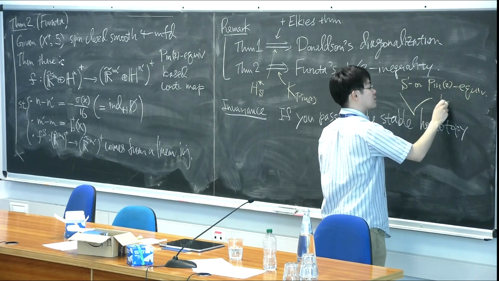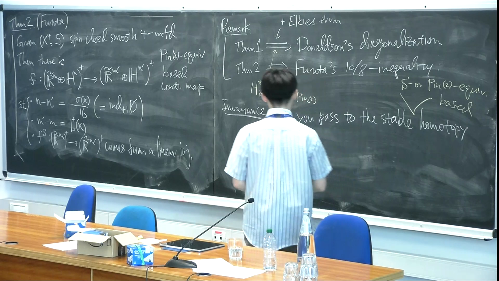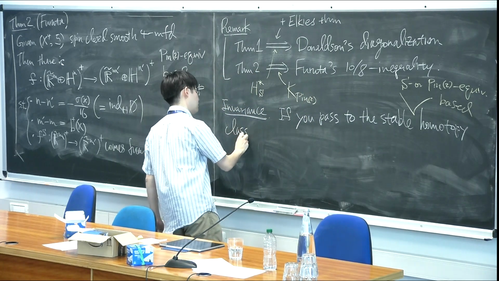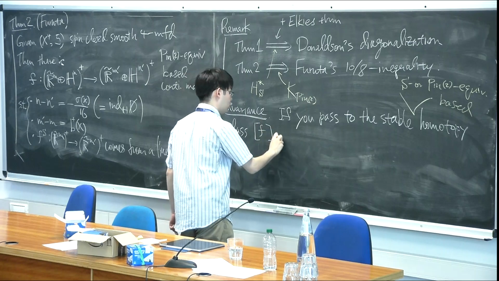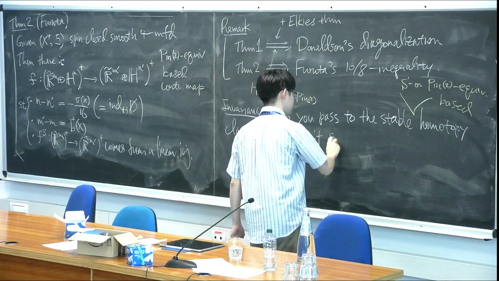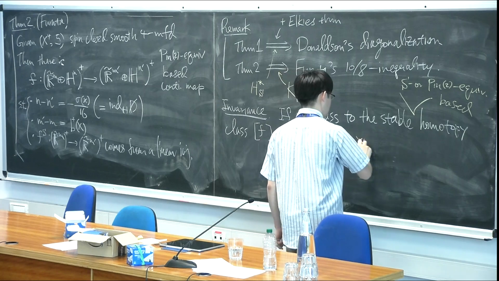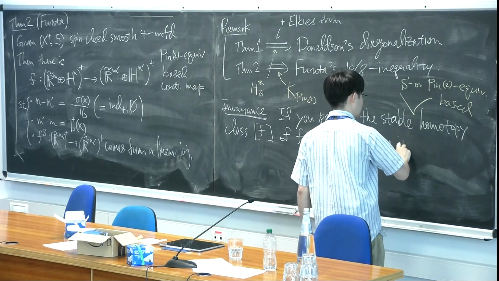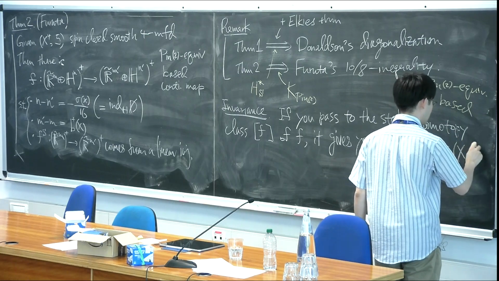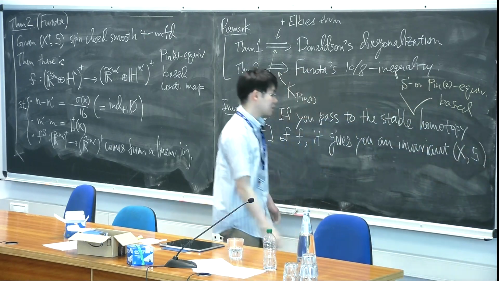And of course, base point has to be preserved every time. The stable homotopy class of my map f gives you an invariant of your spin or spin^c four manifold for this pair.